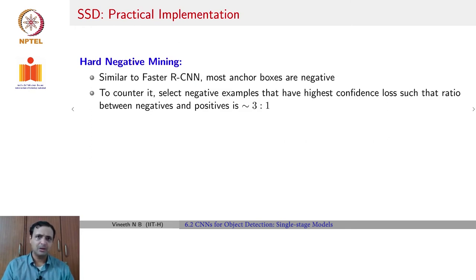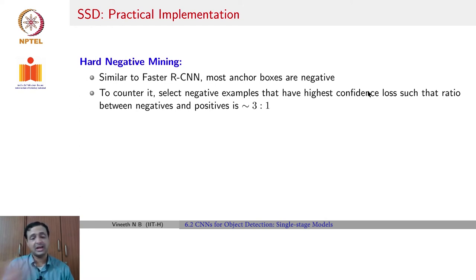In its practical implementation, both YOLO and SSD have this problem, is that most anchor boxes are likely to be negative when you compare with something like a faster RCNN. So to counter this, you select negative examples that have the highest confidence loss, such that you maintain a ratio of negative to positive to be about 3:1. Because otherwise, remember that even if you had 100 objects in a single image, the number of anchor boxes and the grid cells that you have, if you take SSD, it is in fact going to be per pixel.